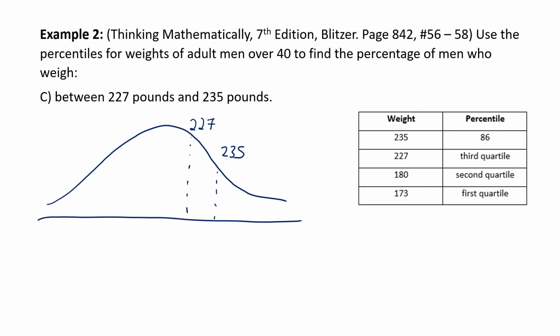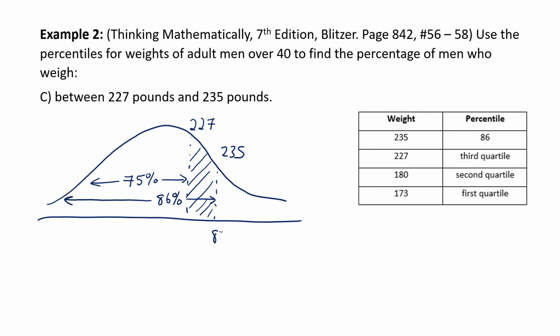The table provided indicates that about 75% of men in this category weigh less than 227 pounds, and the table also indicates that about 86% of all men in this category weigh less than 235 pounds. What we are looking for is the area between 227 pounds and 235 pounds.